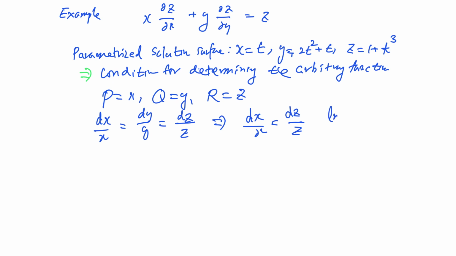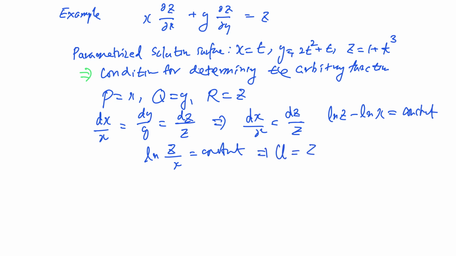So ln z minus ln x is constant. My handwriting becomes strange. So z over x is constant. We can say u as z over x is equal to a.